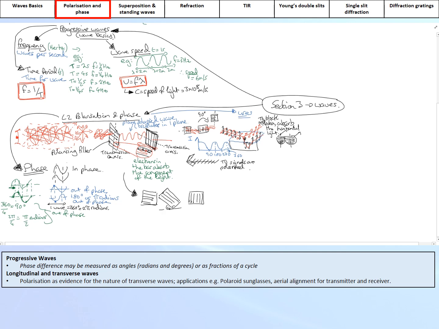It does not look like a 45, but never mind, 45 degrees. So what happens? You'd think that you would get nothing out, but that's not actually the case. The first one absorbs the horizontal bit. Let's mark the transmission axis on. So the vertical bit goes through.